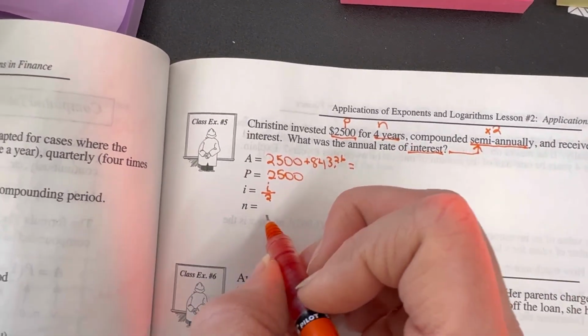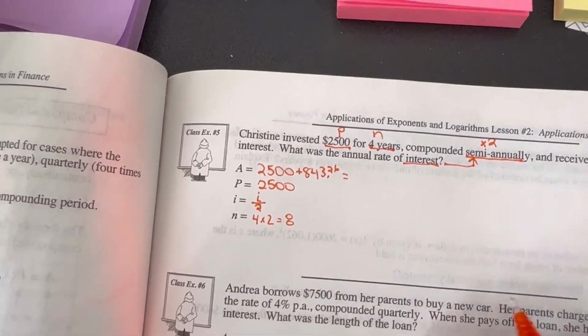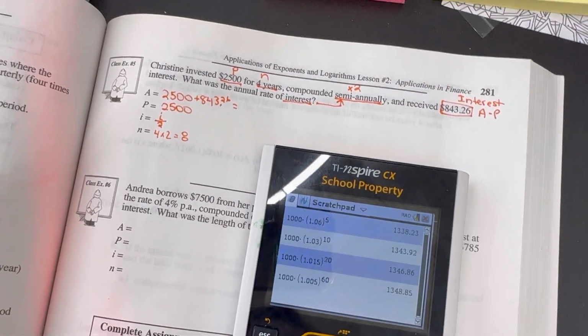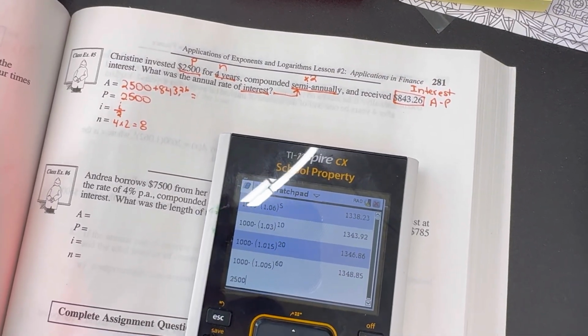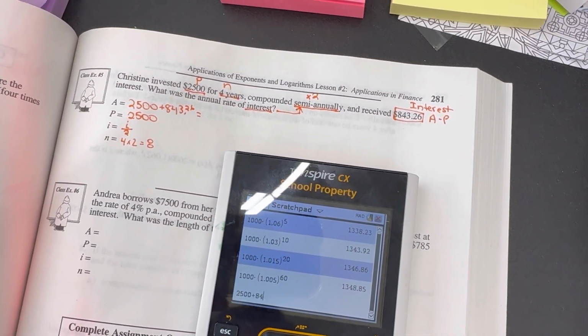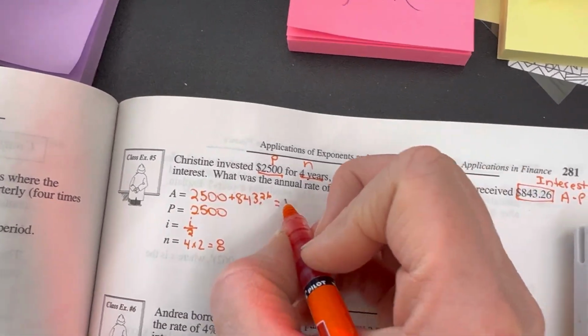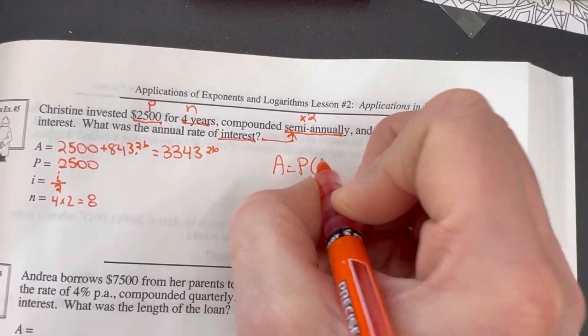And then 4 years, so it's going to be 4 times 2, or 8. So let's just quickly add this. 2,500 plus 843.26 is 3,343.26. Okay, so we write down our formula.